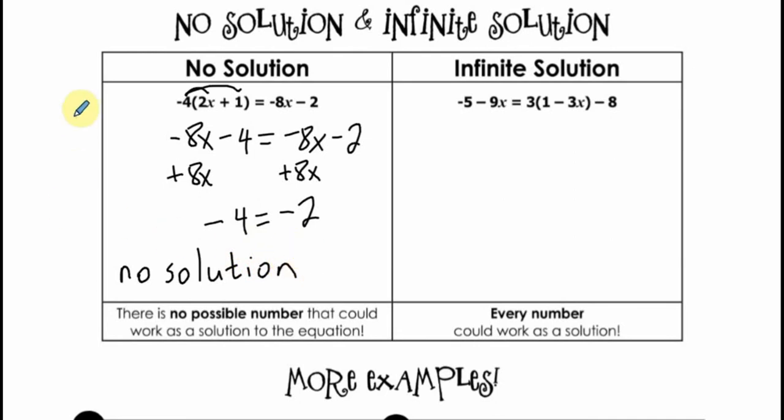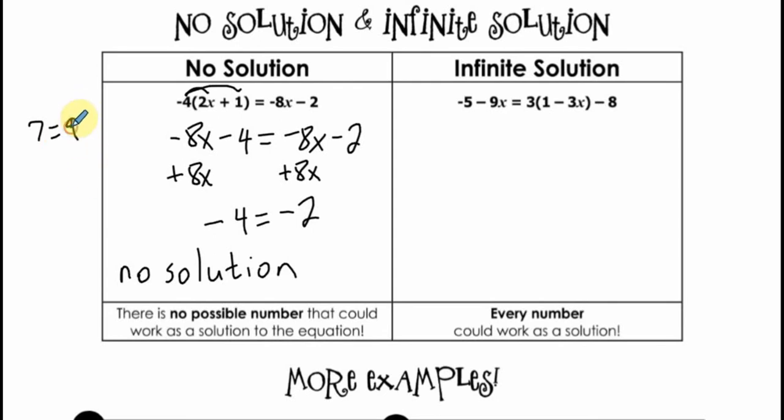Okay, some more examples of no solution over here. You might remember you're only going to have the no solution situation if the variables have been eliminated. If there's still an x or a y or whatever variable in your equation, well, then you're going to have an answer. You're going to have x equals a number, or y equals a number, or a equals a number, or c equals a number. But if the variables are eliminated, you might have something like this. 7 equals 9.